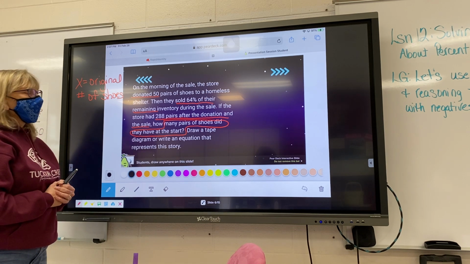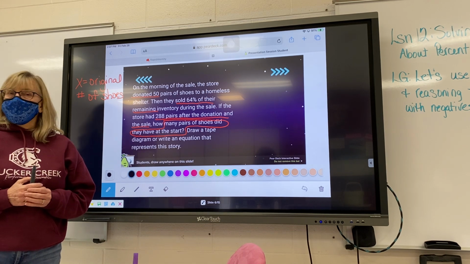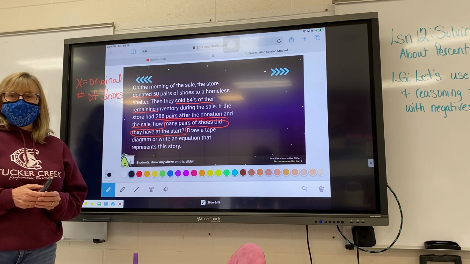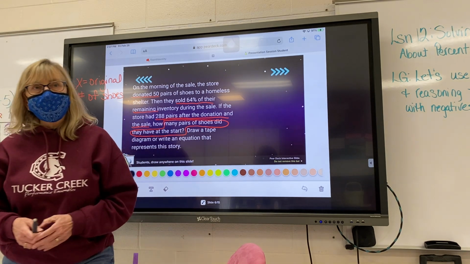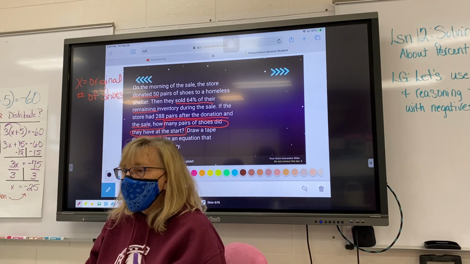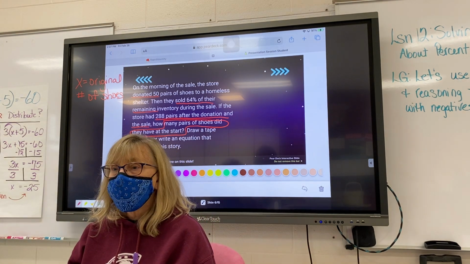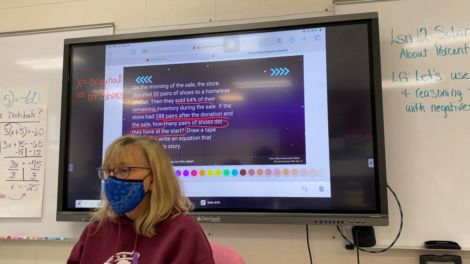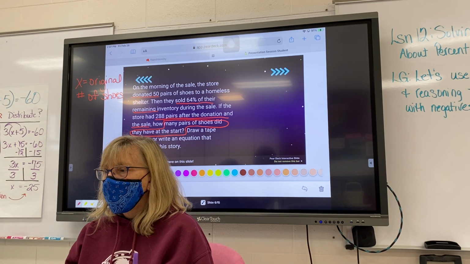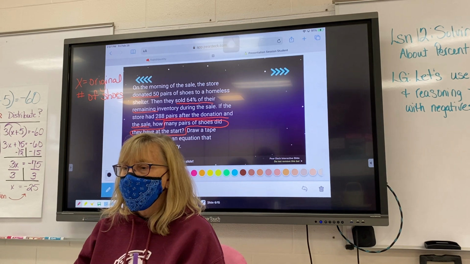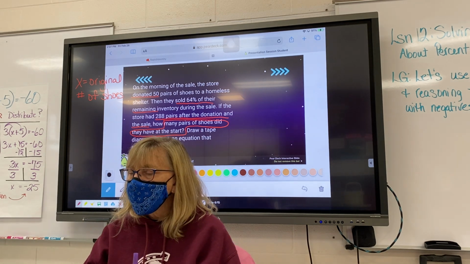Or you can draw the tape diagram. This problem should be familiar because it was one of the problems in the slide deck. DeMarc, do you have a question? No? Okay. All right, let me see what you got.